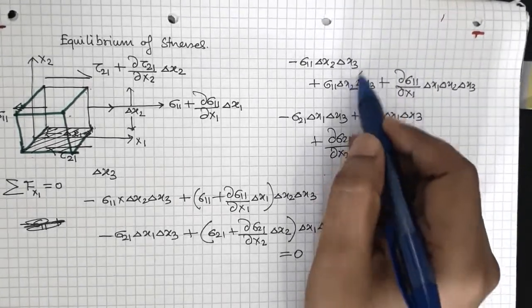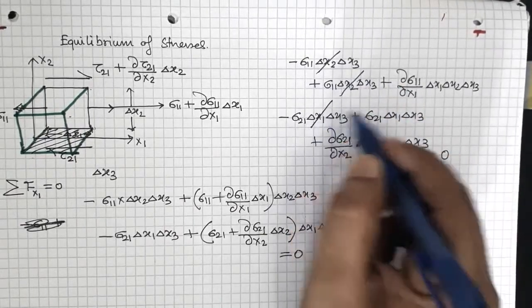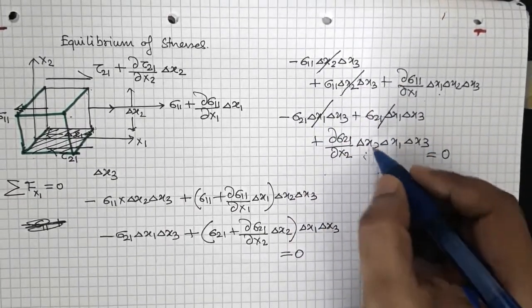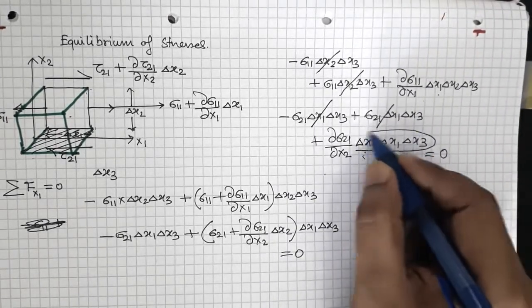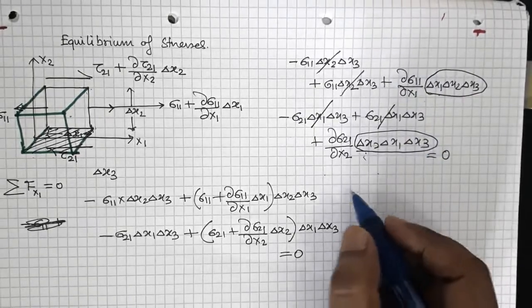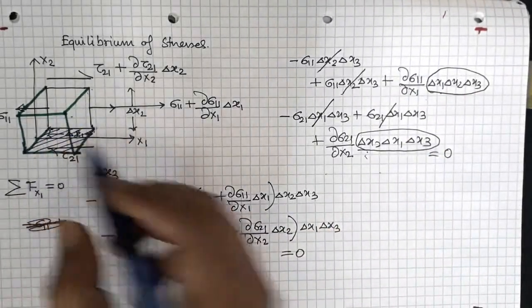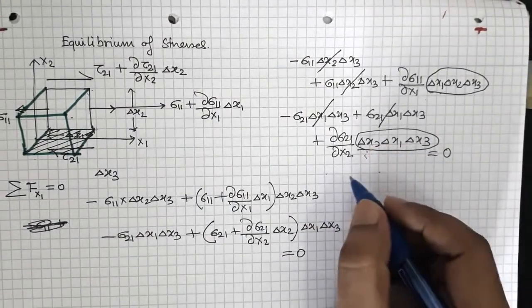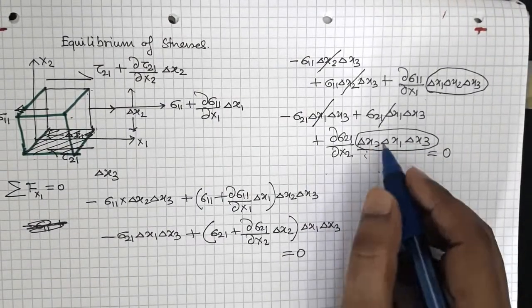So now you see this will cancel out, this will cancel out, and you will have only these two terms remaining. And if you look at this term and this term, this represents what? The volume of this stress element, right? So you can take that common and take it on the other side. So on the right hand side it becomes 0.